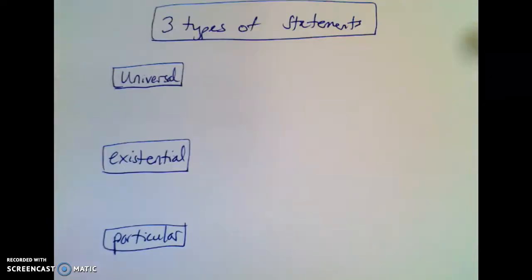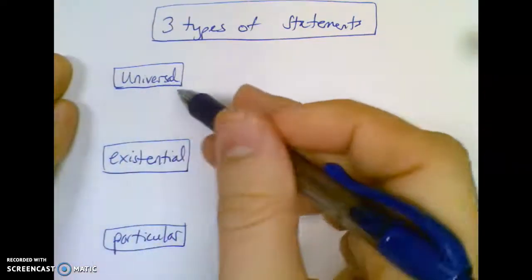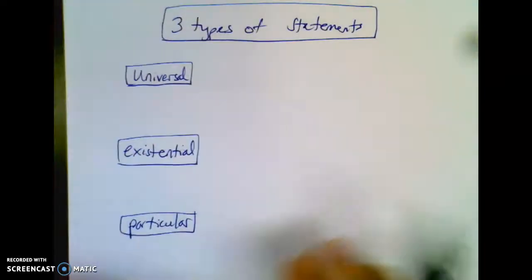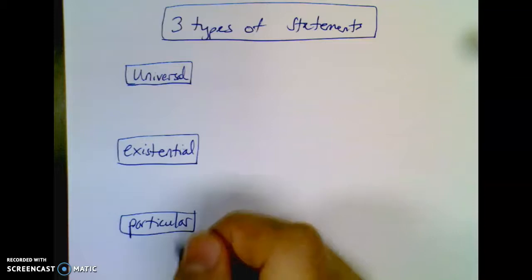Okay, and since we know a statement is a sentence that's either true or false, every statement fits into one of these three categories. You have a statement, it's either universal, existential, or particular.